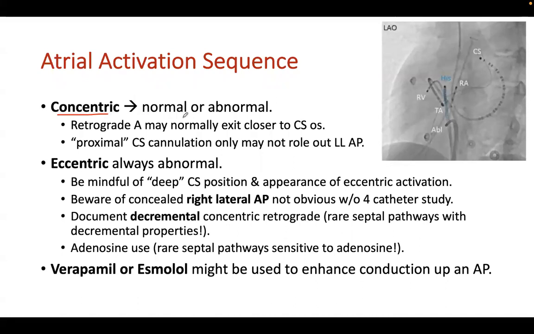Usually it's normal, but sometimes it's abnormal. Why? Because you might have accessory pathways at the HIS or at the septum, and you might see atrial activation similar to normal. Makes sense, guys? So when you see concentric atrial activation, it may or may not be normal; it's not for sure normal.